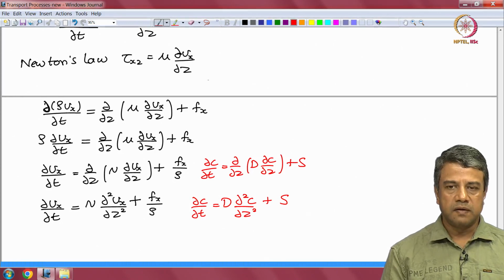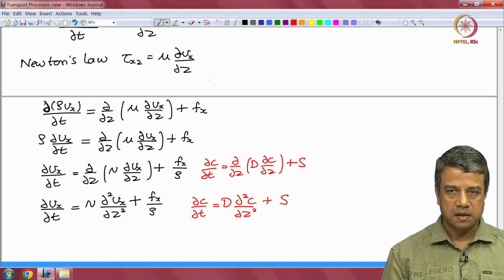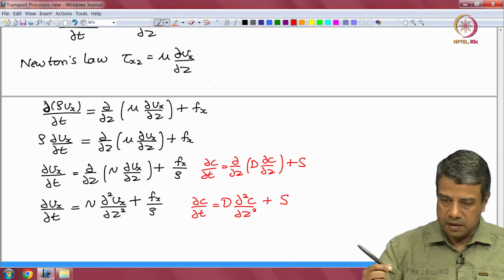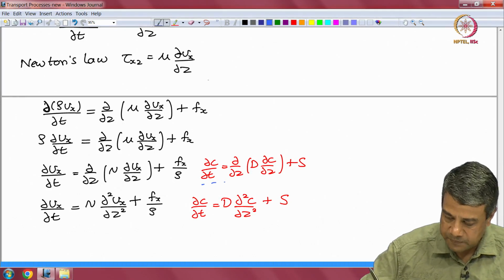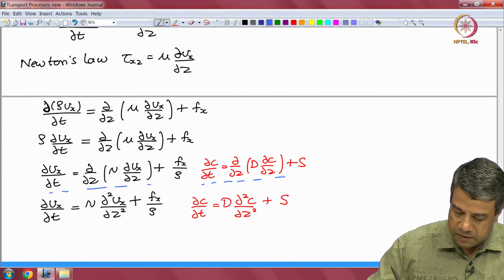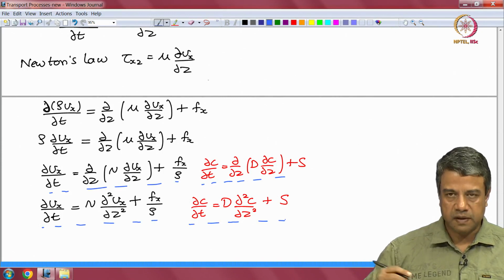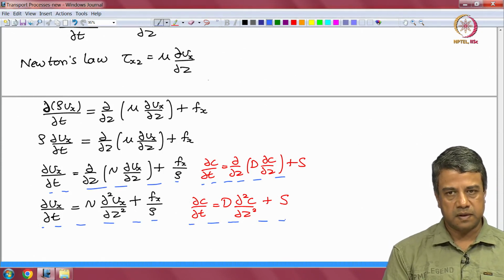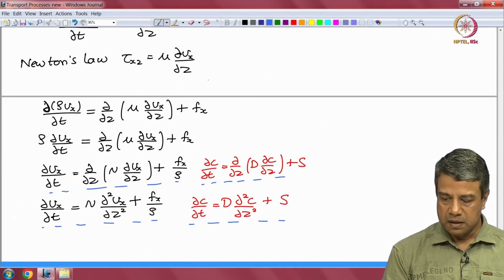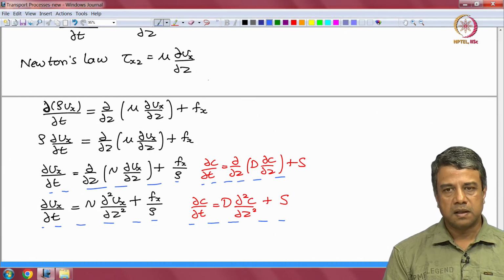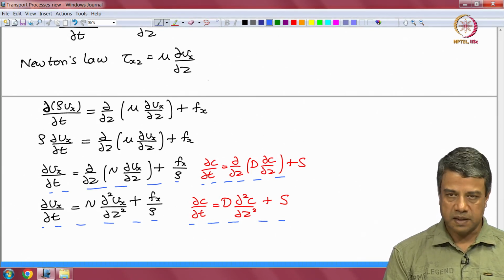If the diffusivity is not a constant, you have this particular form of the conservation equation. If diffusivity is a constant, you can take it out of the derivative, and you get this particular form. So, these conservation equations, mass, momentum and energy, have the same form.